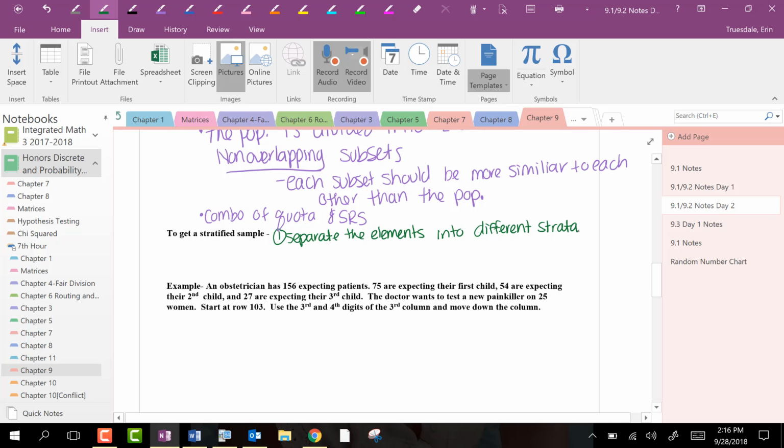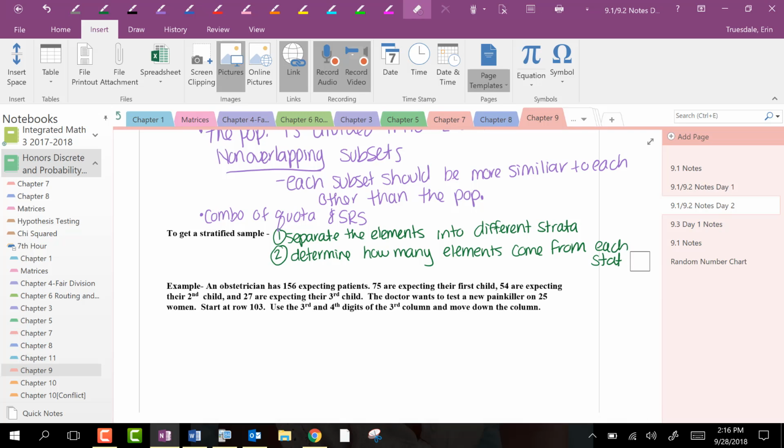Just like your groups, your subsets, okay? Second, you're going to determine how many elements come from each stratum or group.